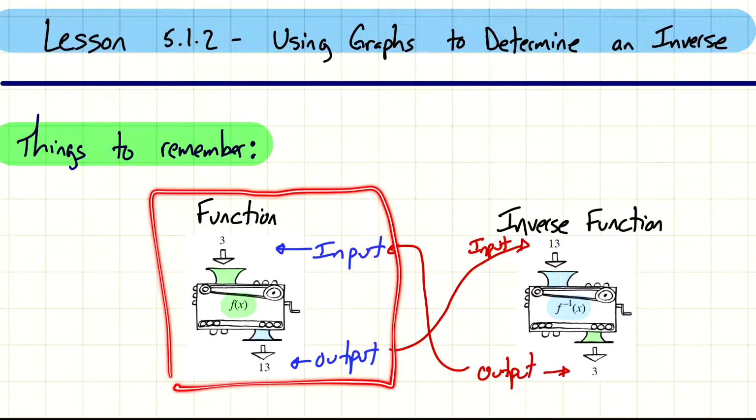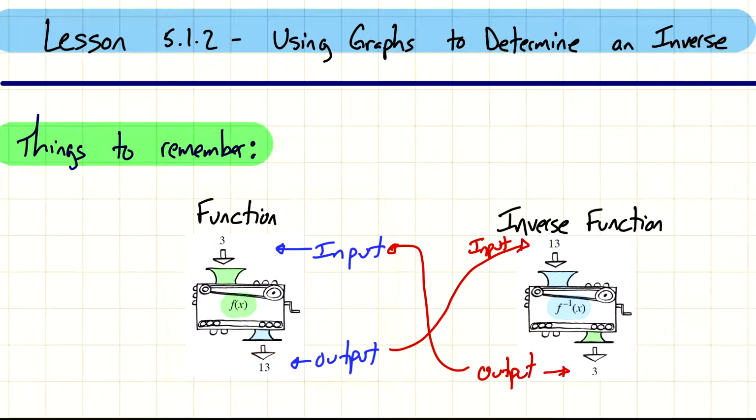of having a function. The definition of a function says for every input we get exactly one output. So if I plug in the number 3 and I get a 13, then 3 is my input, 13 is my output.